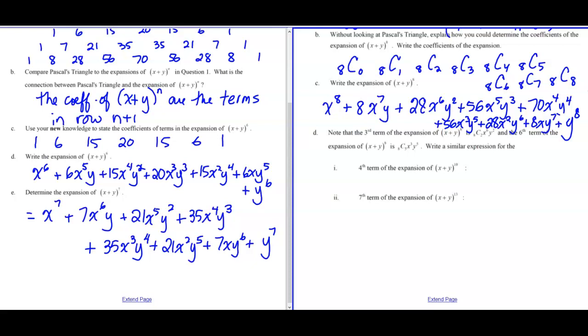So fourth term here, so the exponent is 10, so we'll have 10C. Fourth term means this will be a 3. Then we'll have x. Well, 10 minus 3 is 7. Okay, and think about it, the fourth term, so we would have x to the 10, x to the 9, x to the 8, x to the 7.